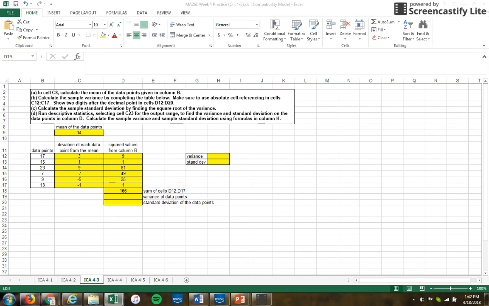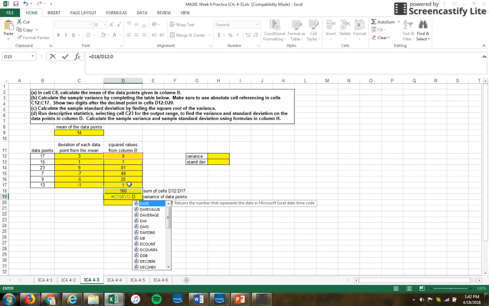Okay, now what we have to do here gets a little bit tricky. To calculate the variance, we have to take the total, this 166, and divide that by the number of observations that we have there.